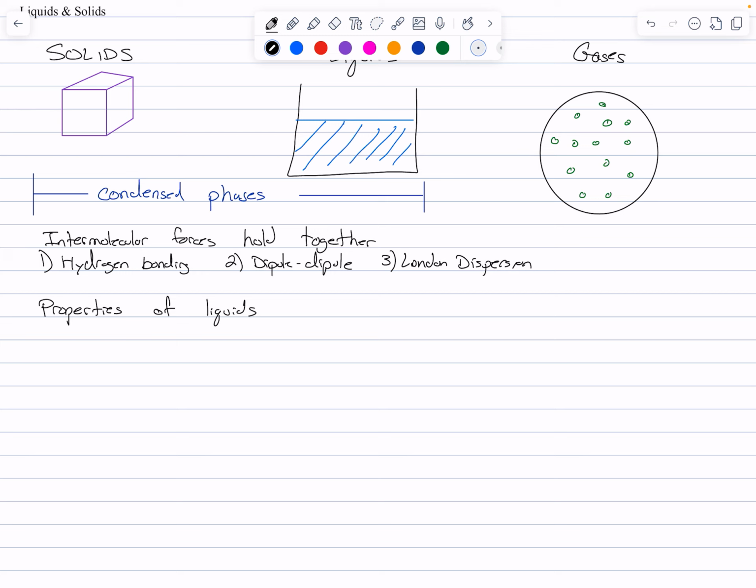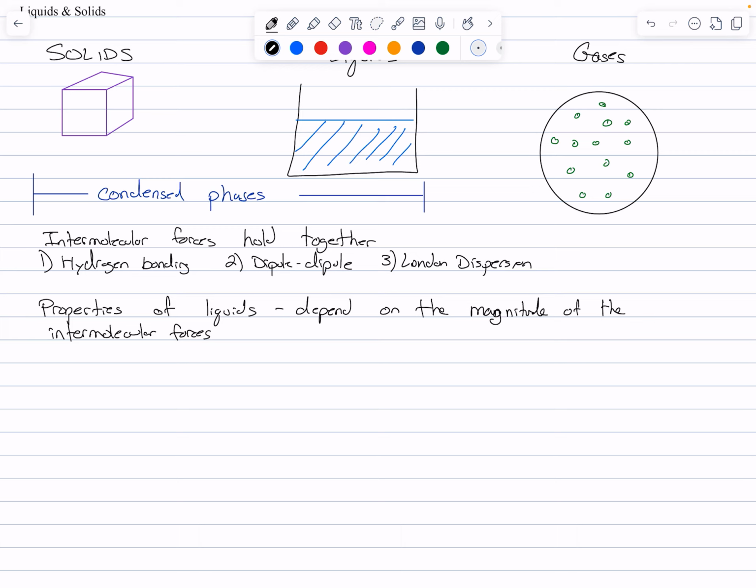Properties of liquids depend on the magnitude of the intermolecular forces. The magnitude.